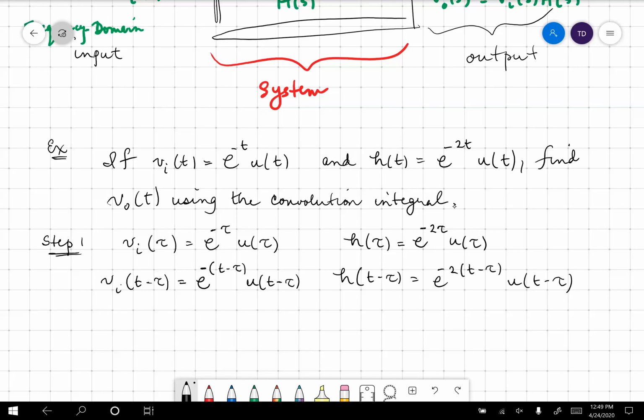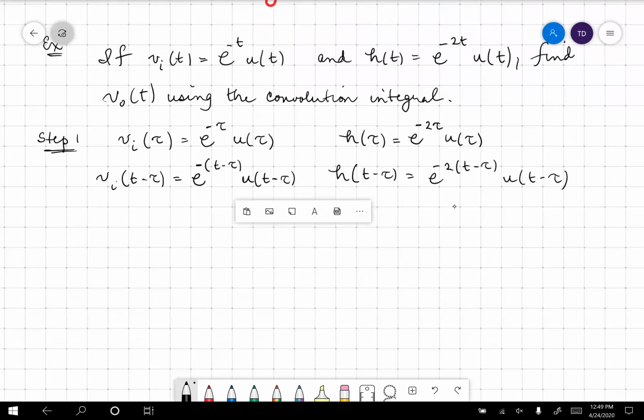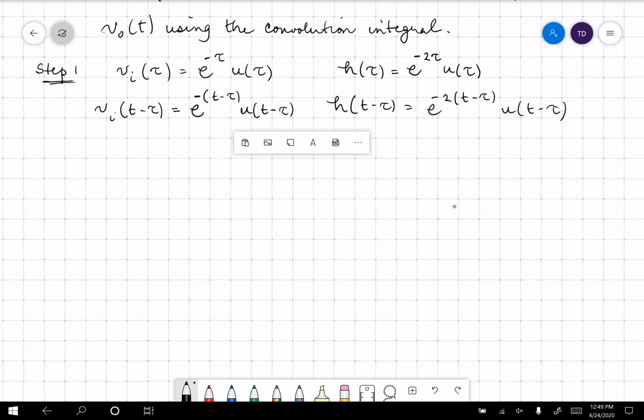So if we're going to use the convolution integral, we have to know what the functions are and how to be able to substitute them into the integral. From here, we have to decide which integral we want. So we know that VO of t is equal to either the integral from 0 to infinity of these two multiplied together.